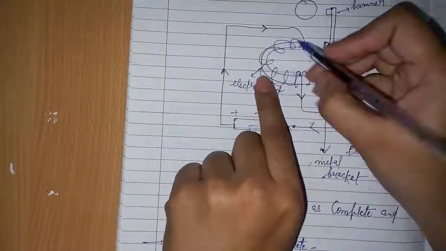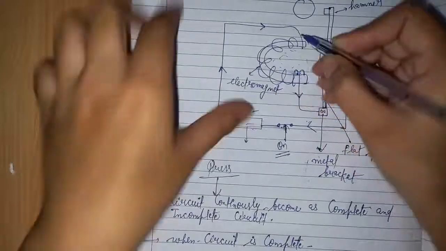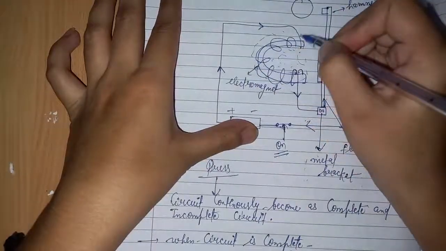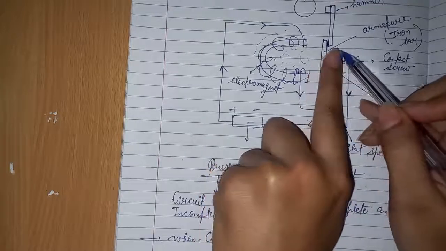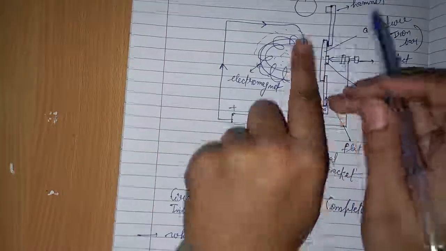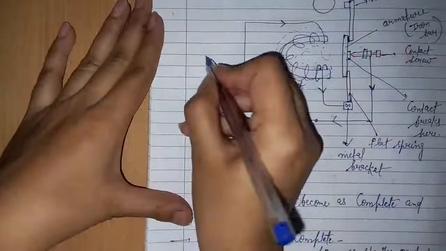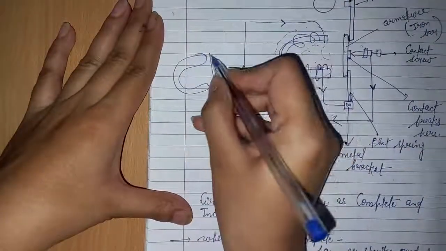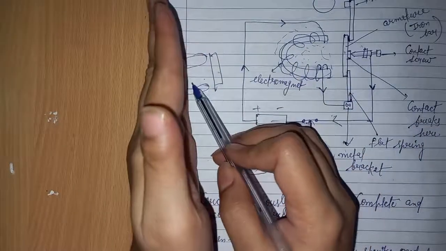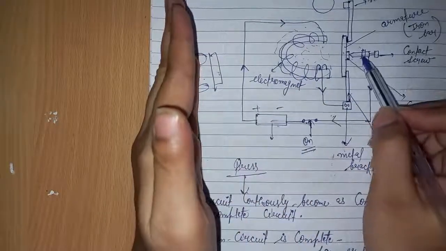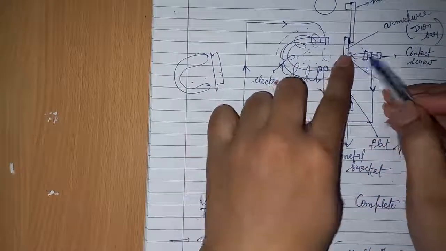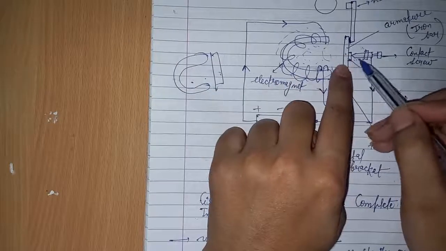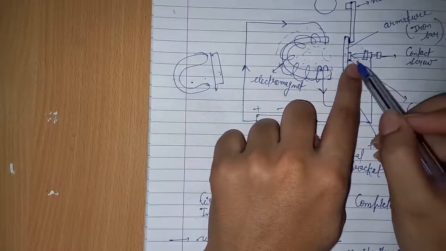When the circuit is complete, this electromagnet creates a magnetic field around it. Because of this, and because this armature is made of iron, the armature is attracted by the magnetic field of the electromagnet. When the armature is pulled near the electromagnet because of the attraction, the connection between the contact screw and the armature is broken.